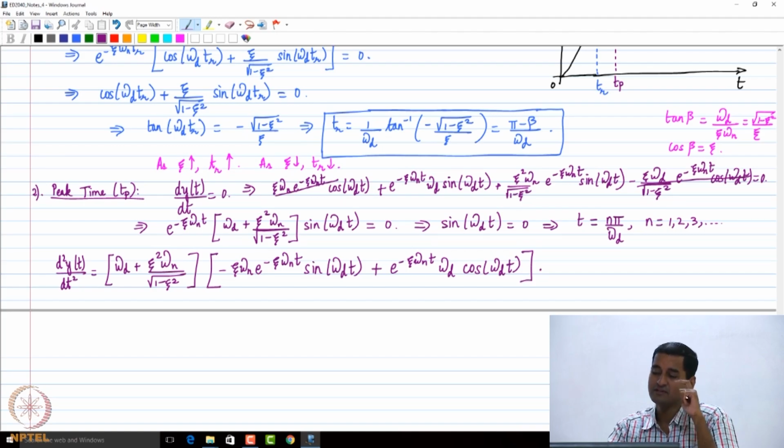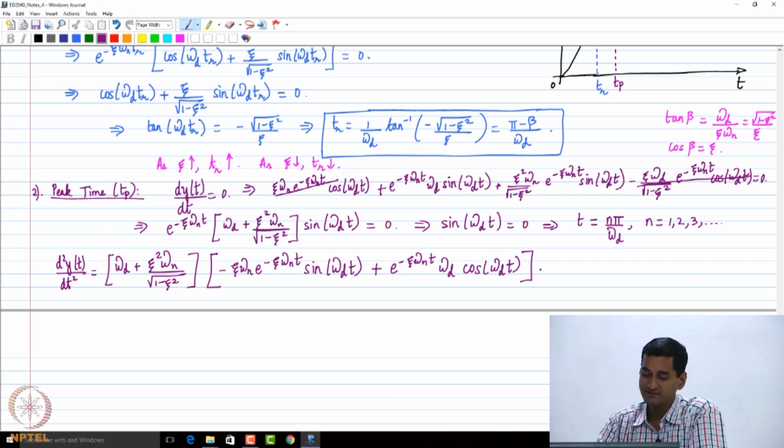So what can you say about the second derivative at t equals n pi by omega d? At that point the first term is gone. The second term will be some exponential, which is positive, times cos n pi. For what value of n will cos n pi be negative? The first value is n equals 1. Cos pi is minus 1. I hope it's clear what I am doing.